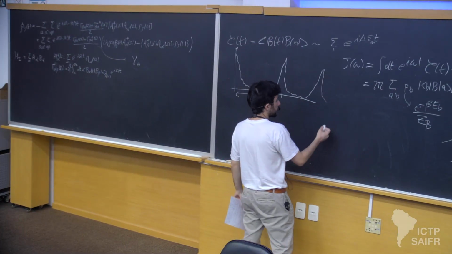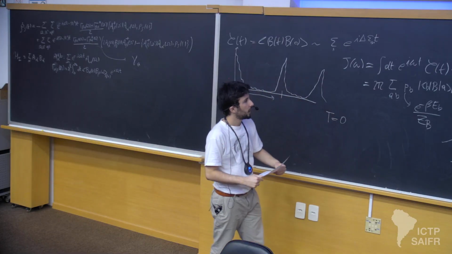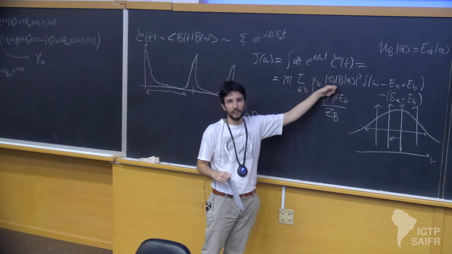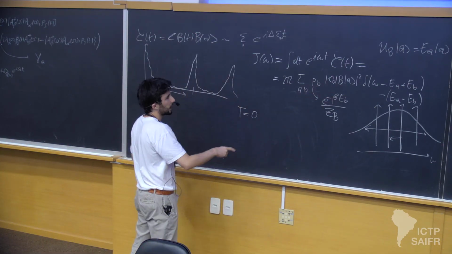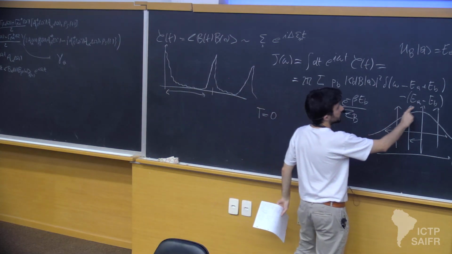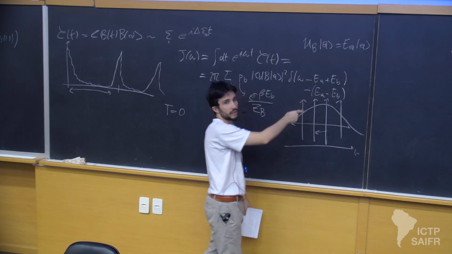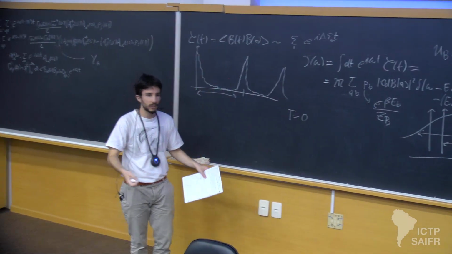If you have a reservoir at zero temperature, then of course this weight is going to select B as the ground state of the bath. So that's fixed. And then if B is the ground state, then all the other energies must be larger than the ground state. You can only excite a system in its ground state.